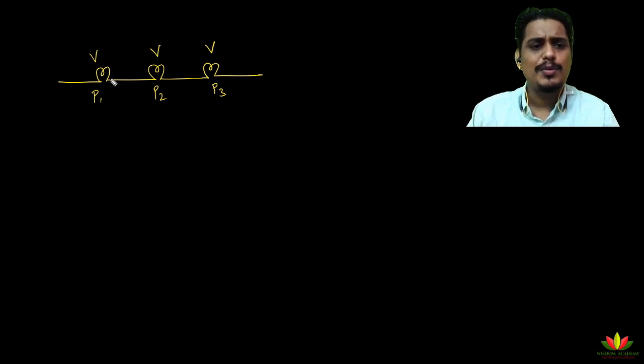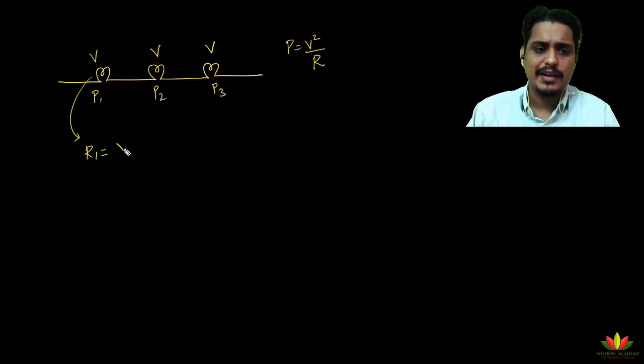Then what would be the resistance of the first bulb? R1 will be equal to, we know that power is equal to V square by R. So R will be equal to V square by P. So I can write V square by P1. The second bulb will have resistance R2, which will be equal to V square by P2.